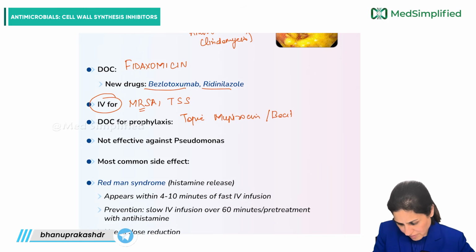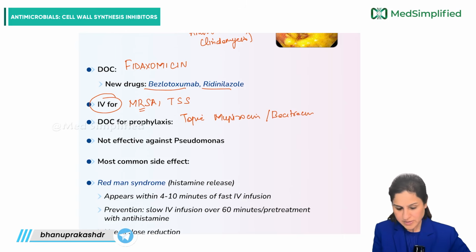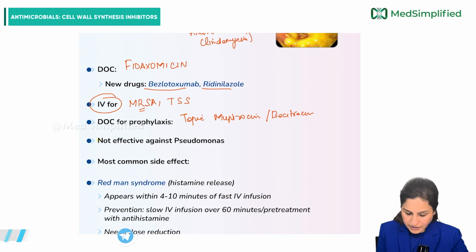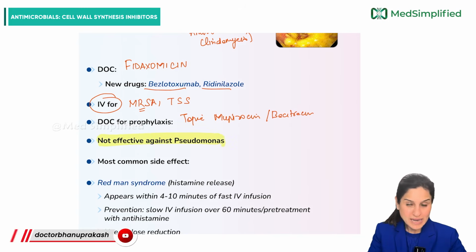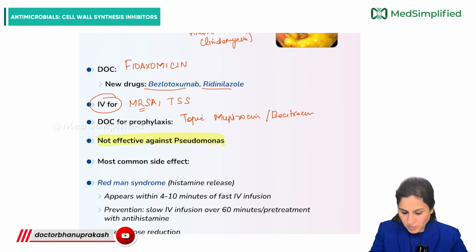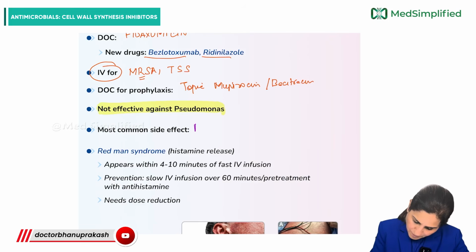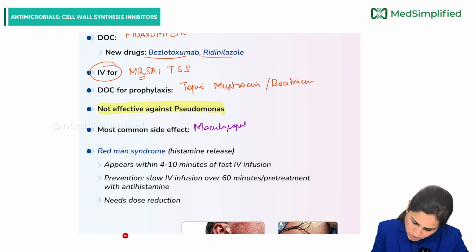Now please remember, vancomycin is not effective against pseudomonas. The most common side effect seen is a maculopapular rash.